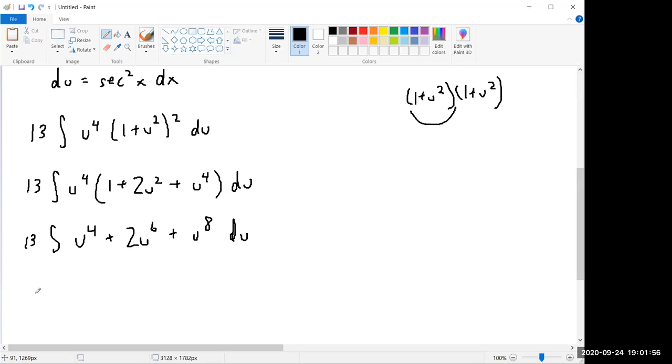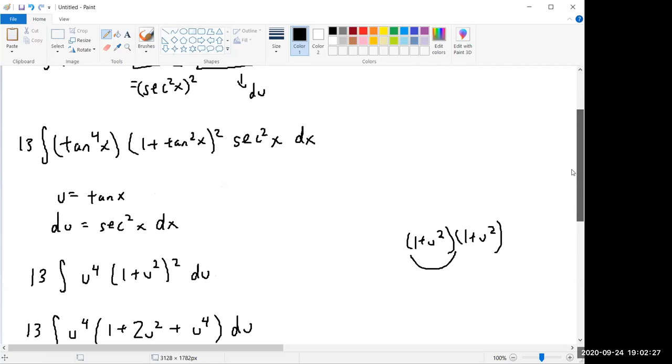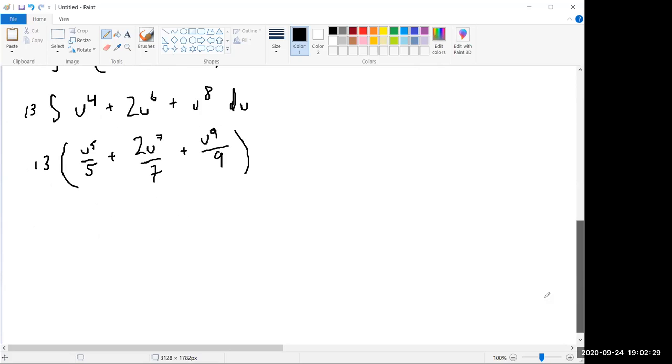Now we integrate. So this is 13 times u to the 5 over 5, plus 2u to the 7 over 7, plus u to the 9 over 9. Okay, and then we just put what u was back in, which was tangent.